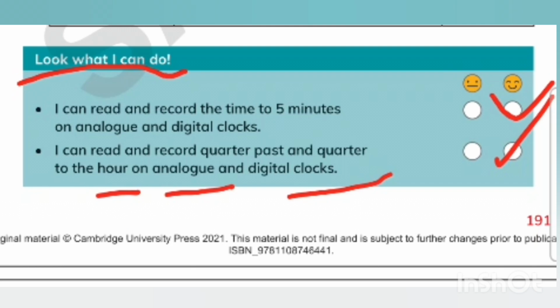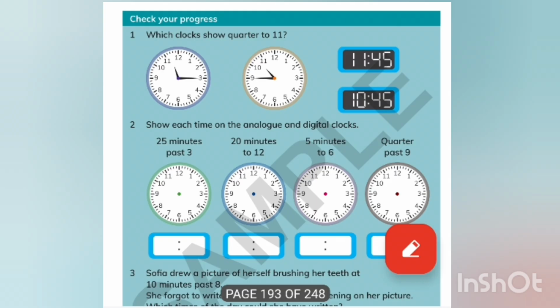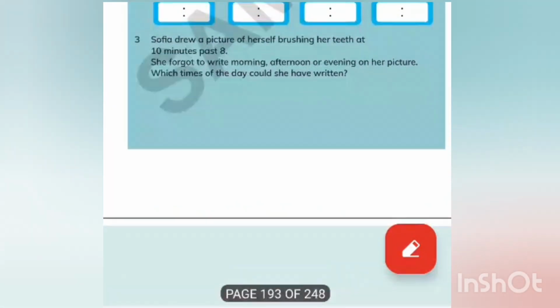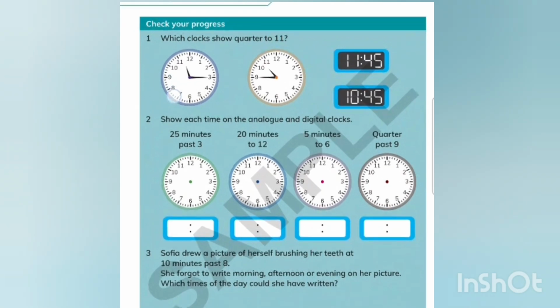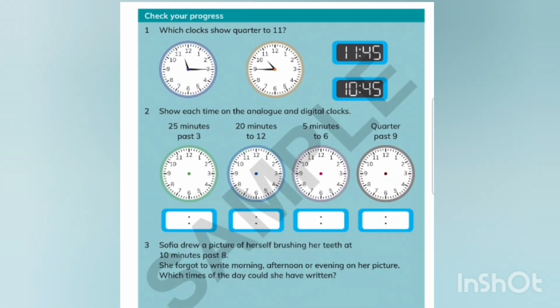Now page number 191 has completed. Now we are moving towards page number 192, and here you have to check your progress, what you have learned and what you have not learned.